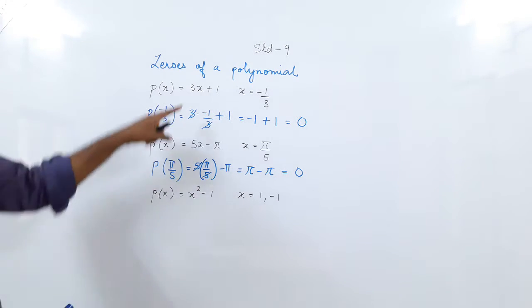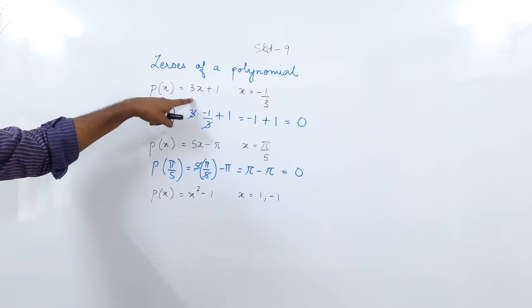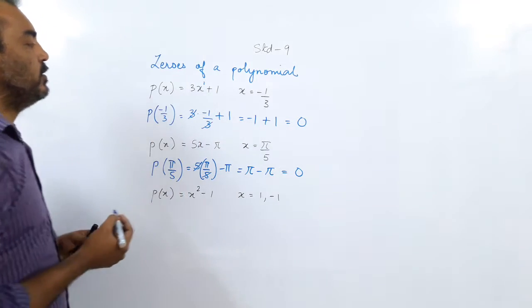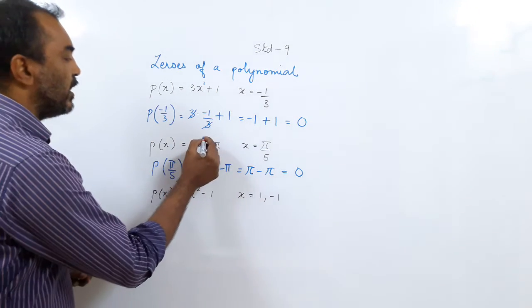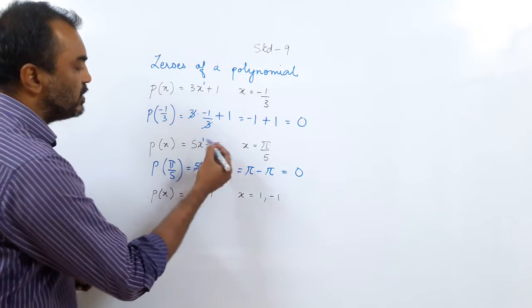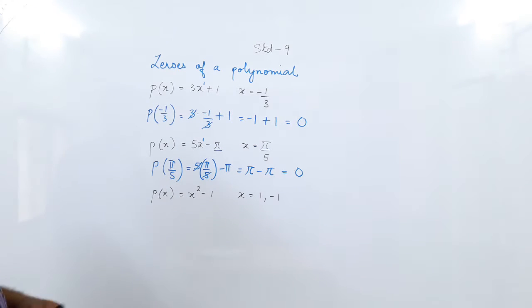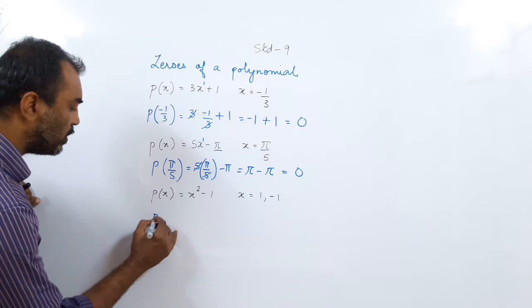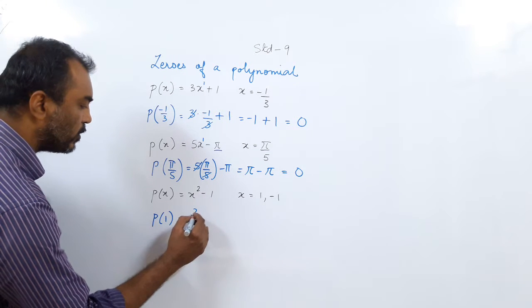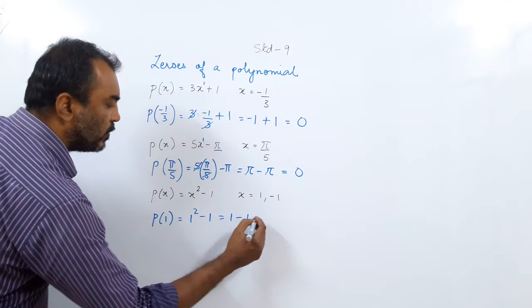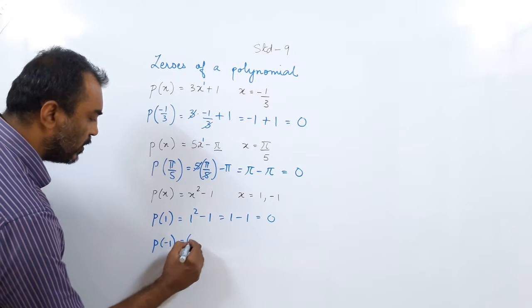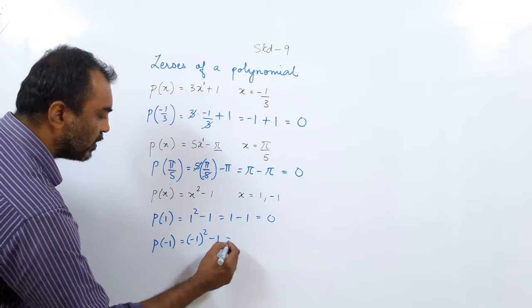Then here we have what? This was a linear polynomial. Remember, linear means having degree 1. This is also a linear polynomial having degree 1, and pi is a constant term. Here the degree is 2. Now we have to check this in two steps. First I put x equal to 1. So 1 square minus 1 is 1 minus 1, which is 0. And P of -1 is -1 the whole square minus 1.